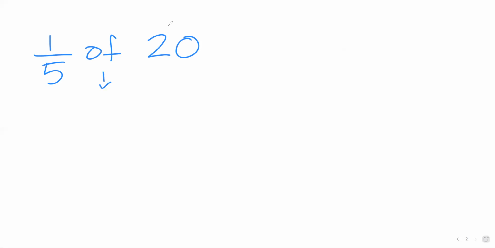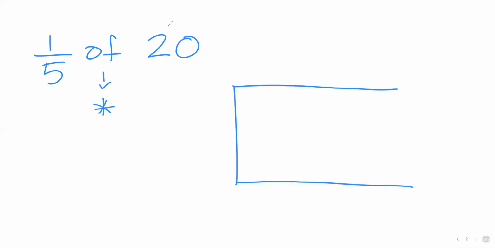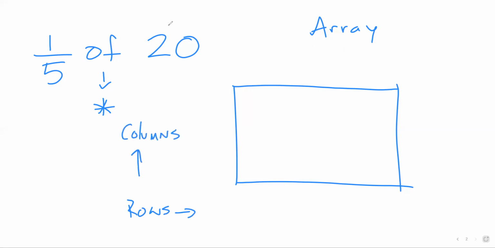And if we're talking about multiplication, then we can symbolize this in the form of an array, something that shows this idea of rows and columns. So rows go left and right, columns go up and down.